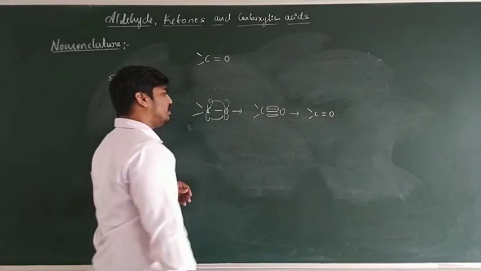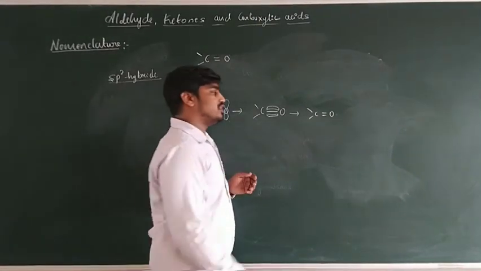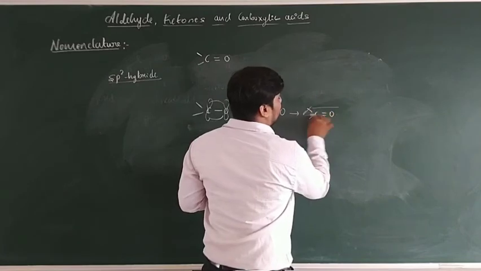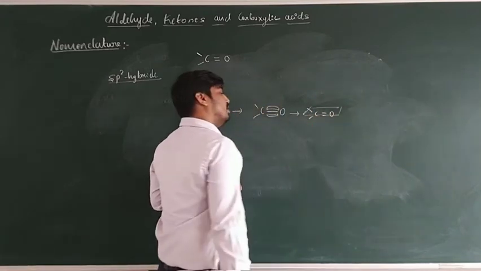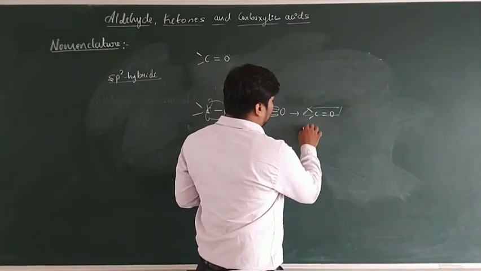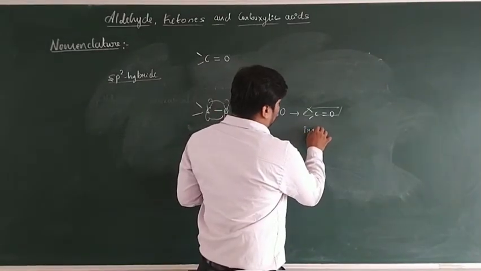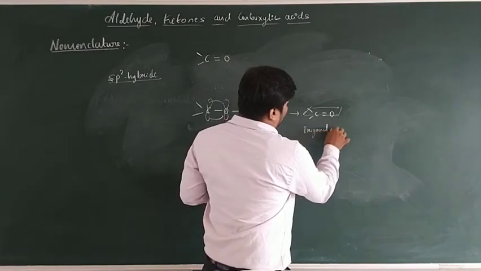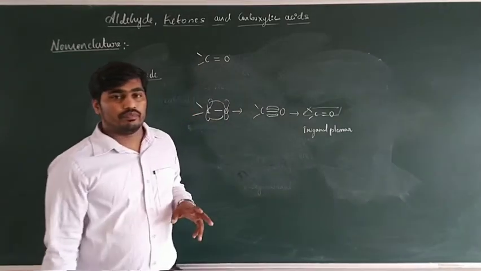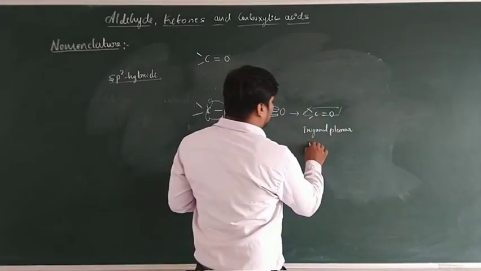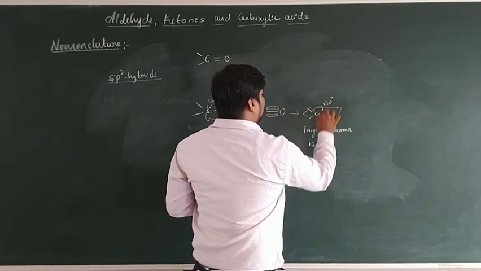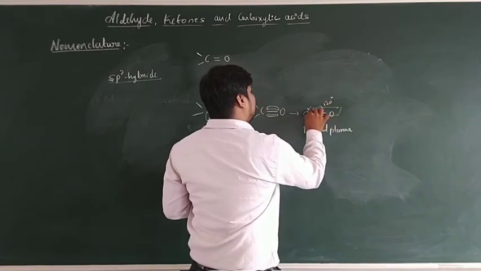So in a planar structure, we observe trigonal planar geometry with bond angle 120 degrees. Here 120 degrees, here 120 degrees, here also 120 degrees.